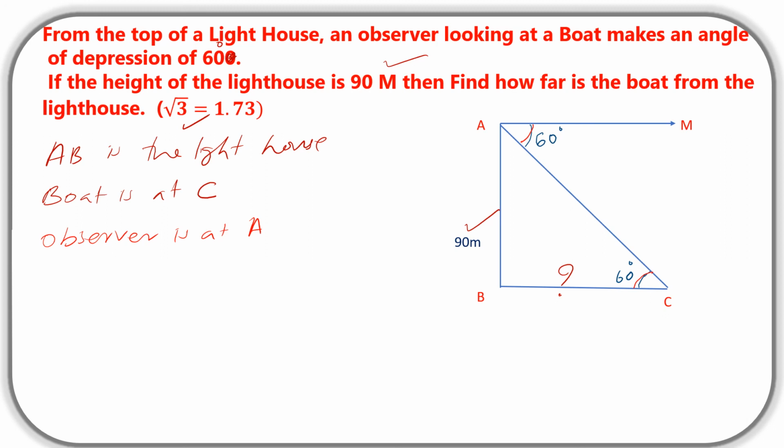Now, from the figure, this is a right angle. If you think about tan 60 degree, this is the hypotenuse. We will write AB upon BC, which is equal to root 3. This gives us a clue. We have to go in that direction.